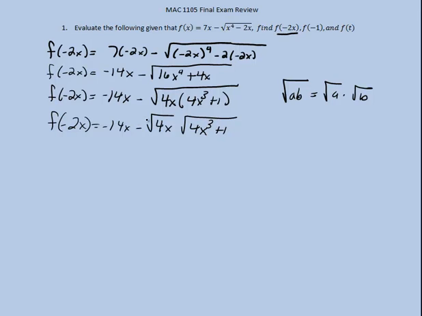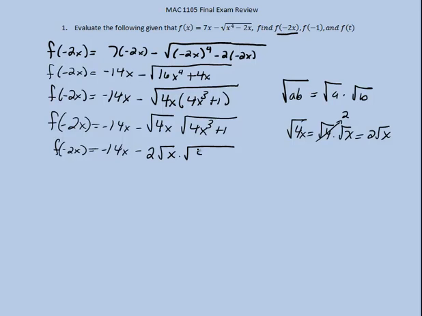So here we'll have negative square root of 4 times, remember, the square root of 4x is equal to the square root of 4 times the square root of x. So this is just going to give you a value of 2 root x. So we'll have 2 root x times the square root of 4x cubed plus 1, and we can go ahead and distribute this through, and we will get x times 4x cubed plus 1.